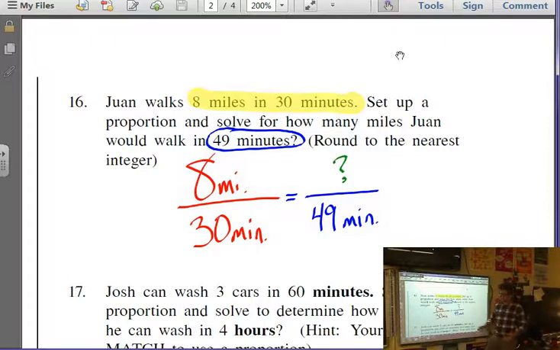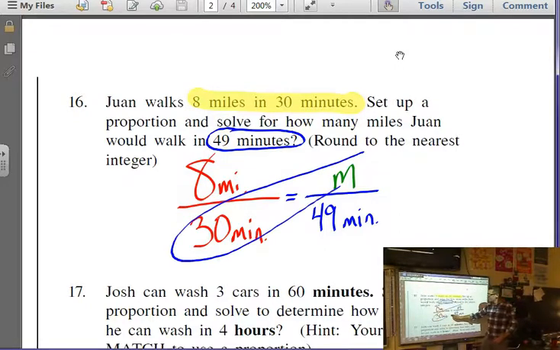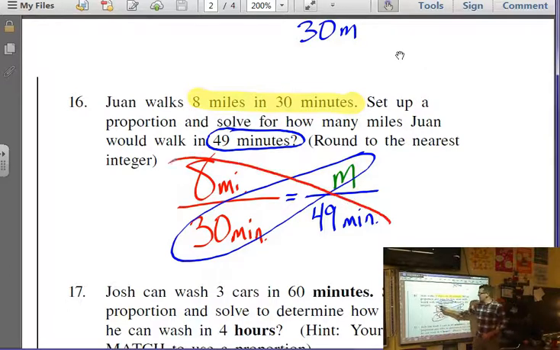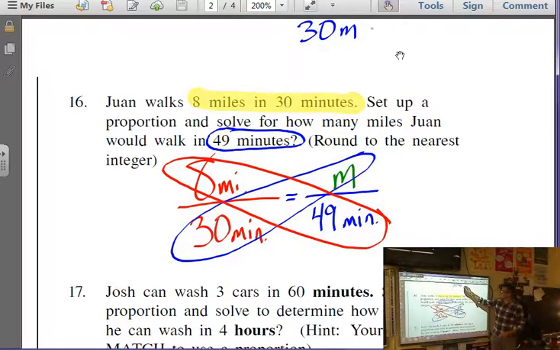Now the problem here is going from 30 to 49 is rather messy. You could do 49 divided by 30 to find out what that multiplication factor is. Or let's just make this m for miles. We can cross multiply to solve this problem. So I'm going to take 30 times m. That gives me 30m. Then I'm going to take 49 times 8 for my other cross multiplication that this will be equal to.